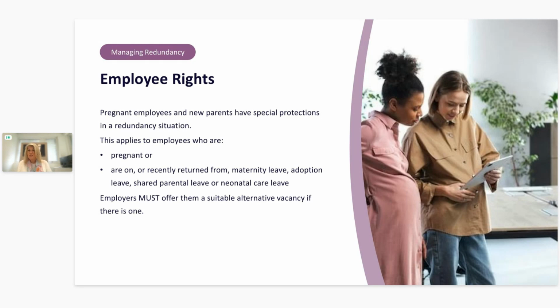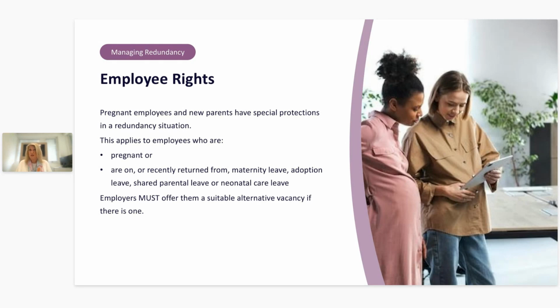If an employer does not follow this, it is likely that the protected employee could claim automatic unfair dismissal. And if the person is pregnant or on maternity leave, it could also lead to a claim of pregnancy and maternity discrimination.